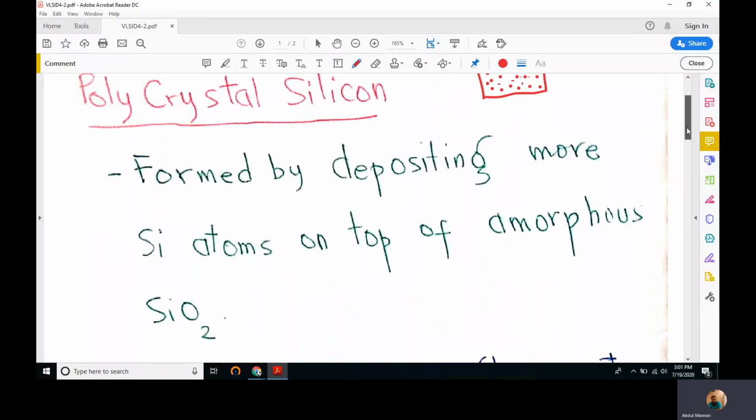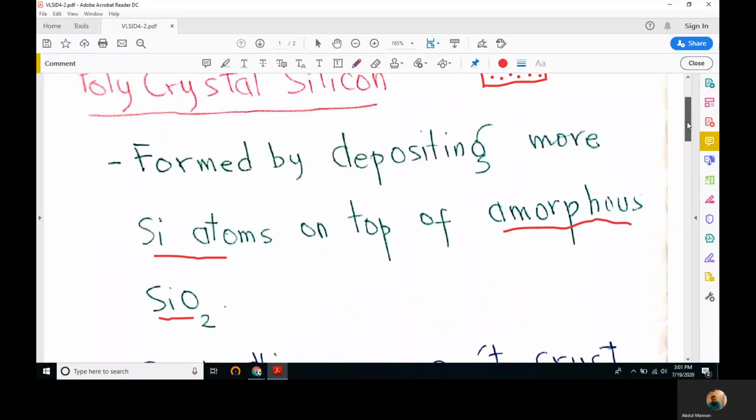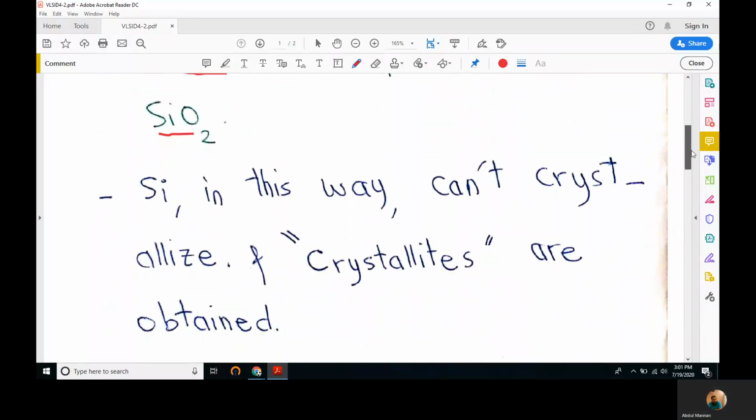It is made by depositing more silicon atoms on amorphous silicon dioxide. When the silicon dioxide is not yet crystallized, we add more silicon atoms. This forbids crystallization and makes something that we call crystallites.